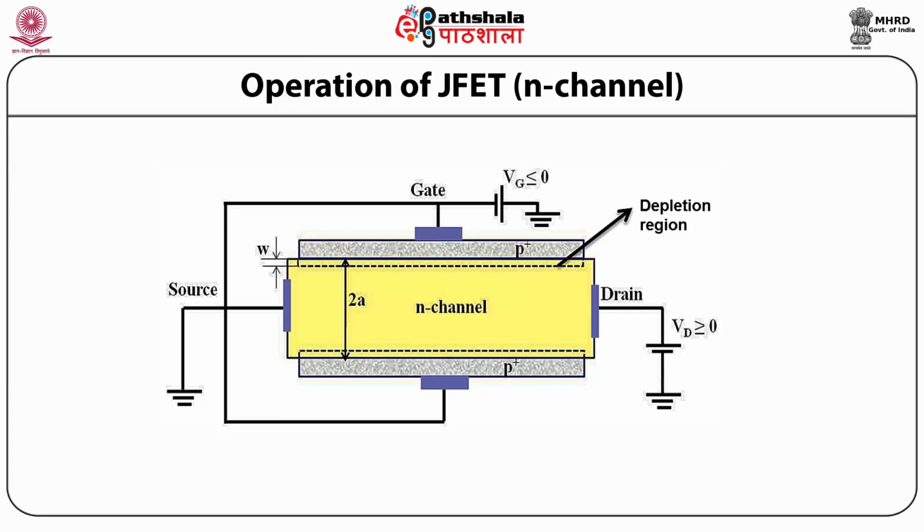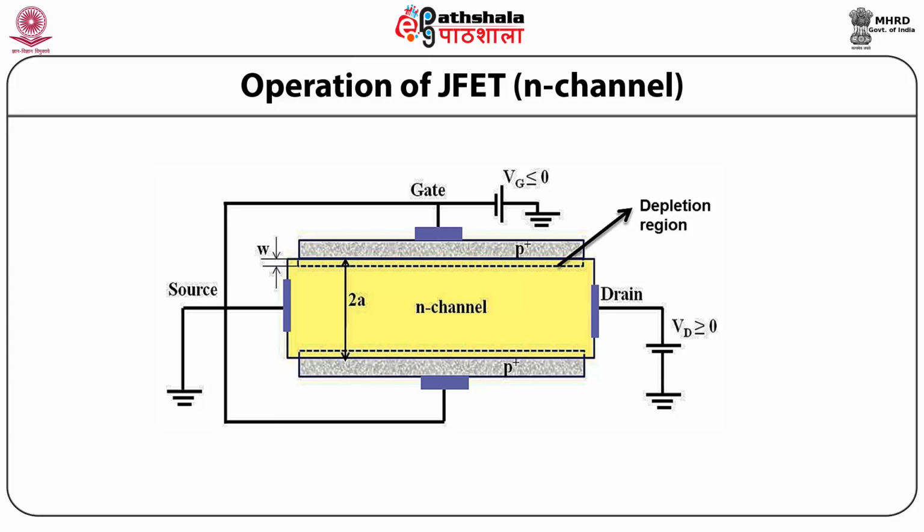The top and the bottom P plus layers create PN junctions with the N-type channel. So the depletion layers associated with these junctions predominantly expand into the N layer because its doping level is much lower than the doping of the P plus regions.